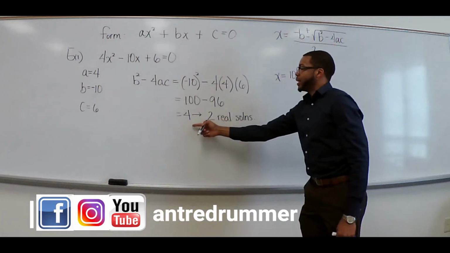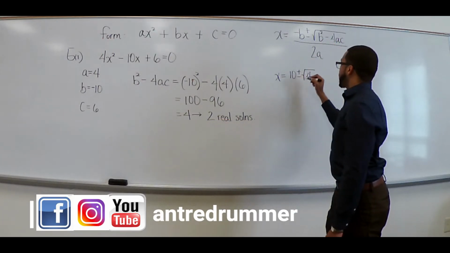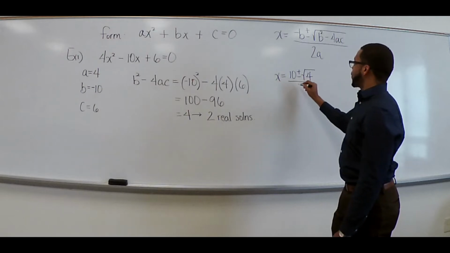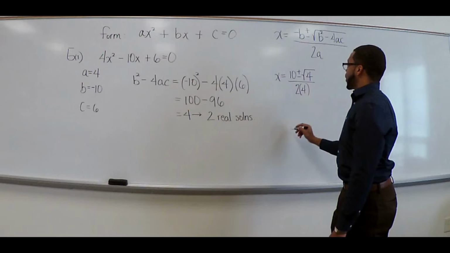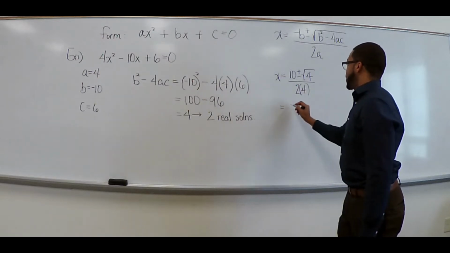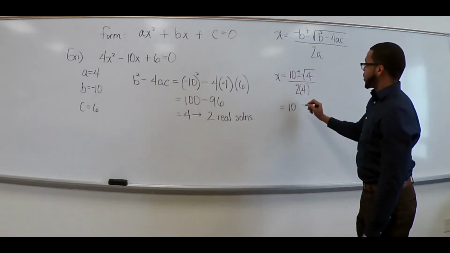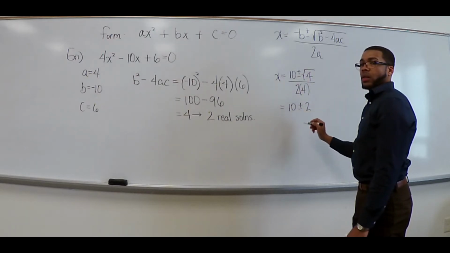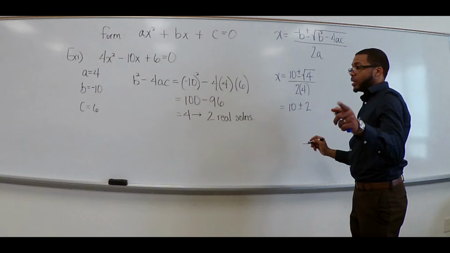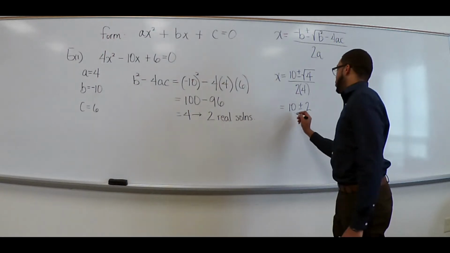We already calculated this. All over 2 times a. We have 10 plus or minus the square root of 4, which is 2. You're smart. I felt it.